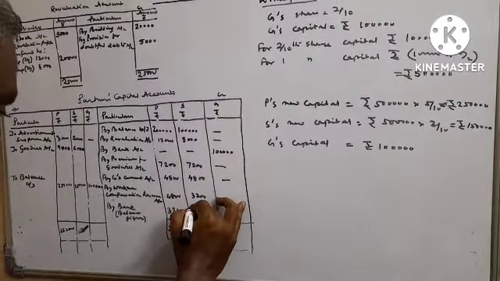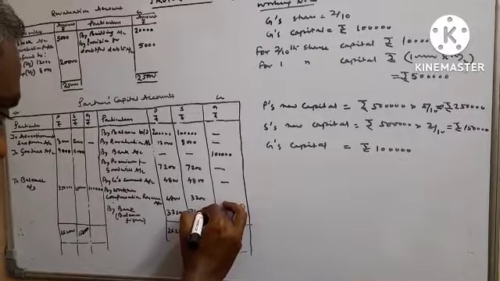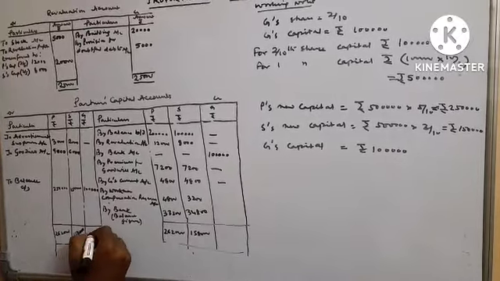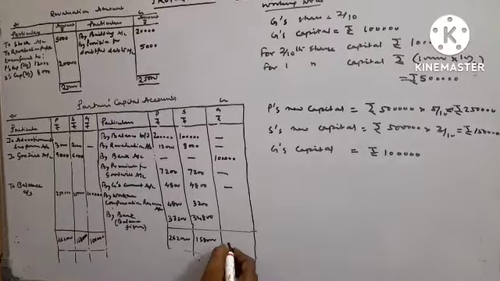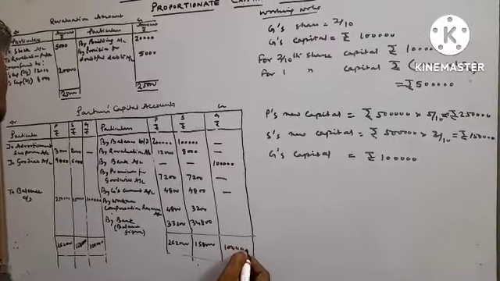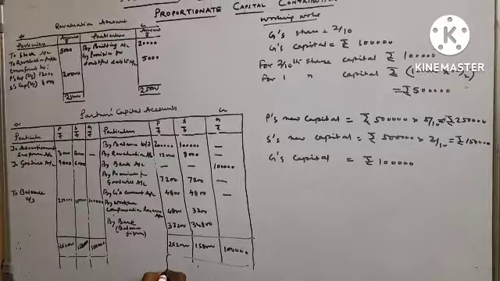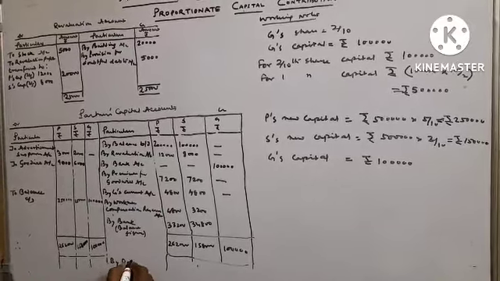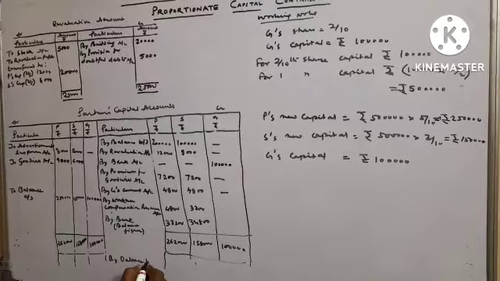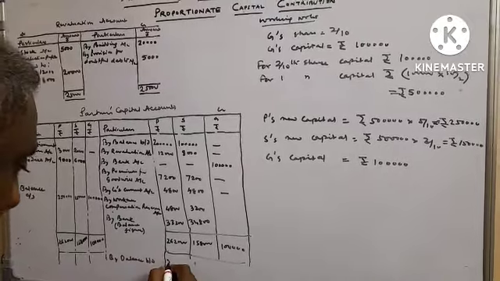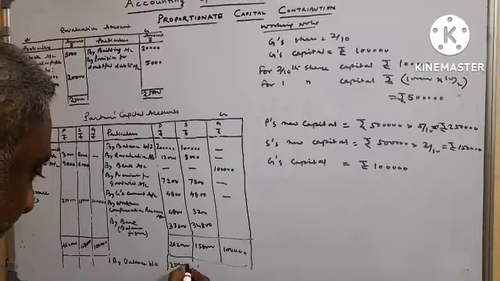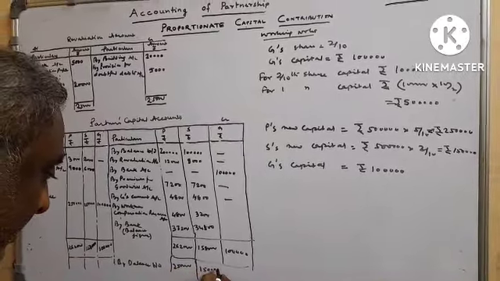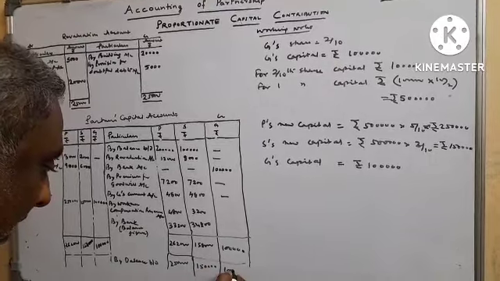Balancing figure will be 34,800. By balance BD, it will be 2 lakh 50. It will be 1 lakh 50. It will be 1 lakh.